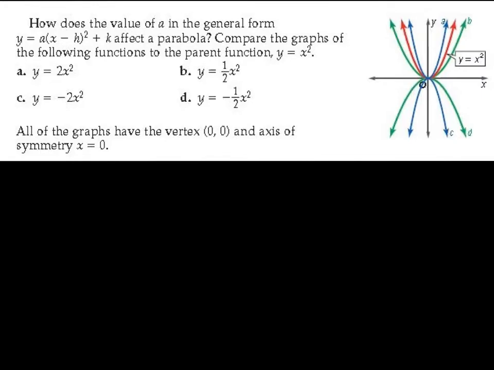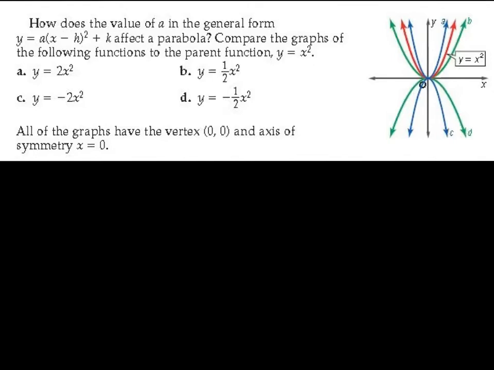How does the value of a in the general form y = a(x − h)² + k affect the parabola? Compare the graphs of the following functions to the parent graph of y = x².